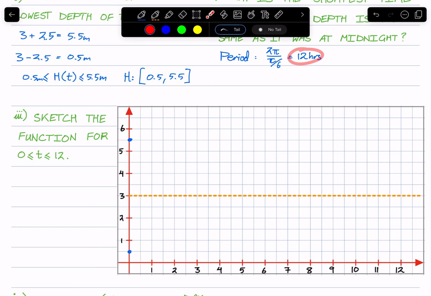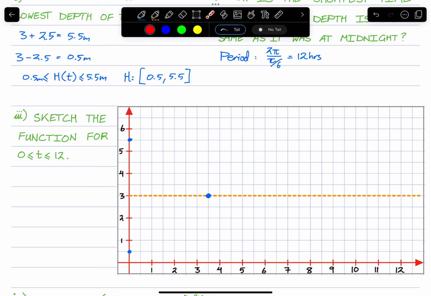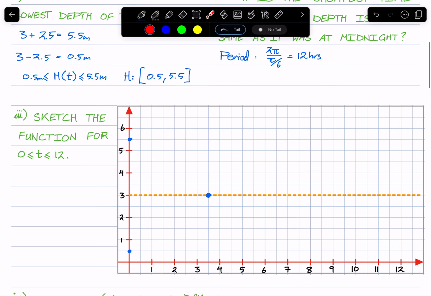So 12 divided by 4 is 3. So the next critical point of cosine, it goes down to its x-intercept at the next lot of 3. Again, because we divided this by 4, every 3 hours is a critical point.